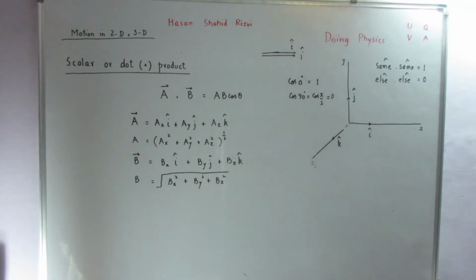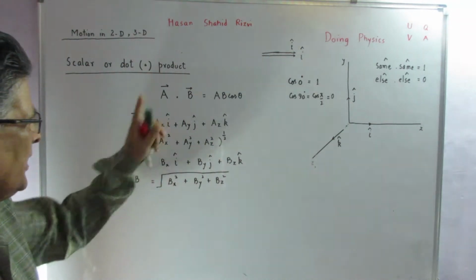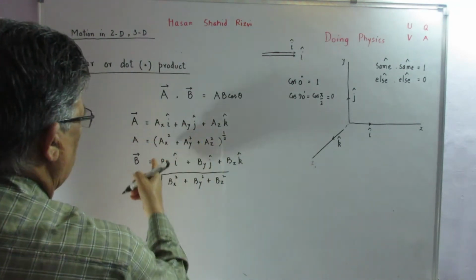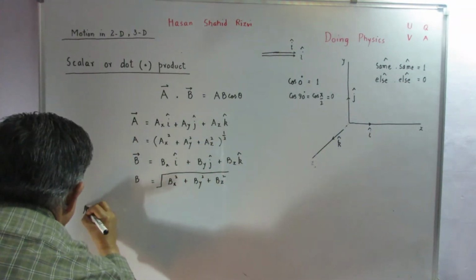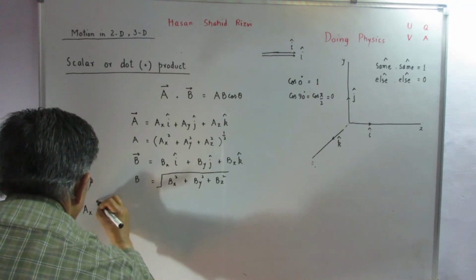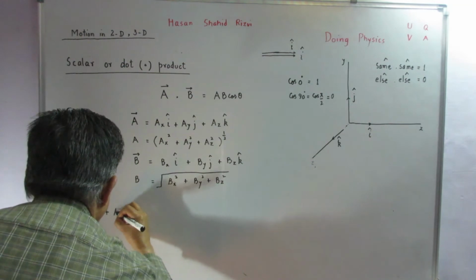Now if I multiply with the rules of multiplication, A dot B, what I will get is this whole thing multiplied by this thing. So I will write just as the kid does, and it's good to be a kid at this age.